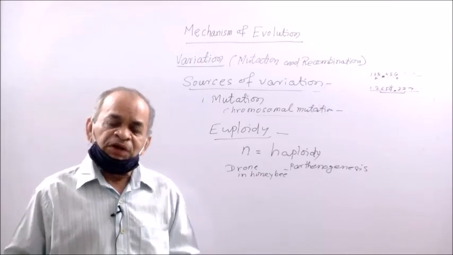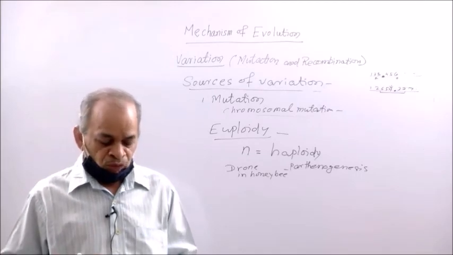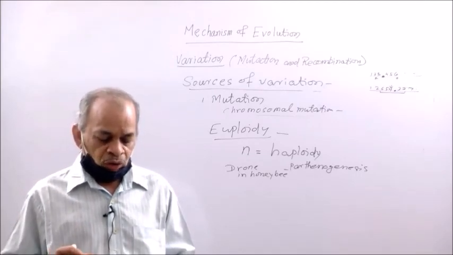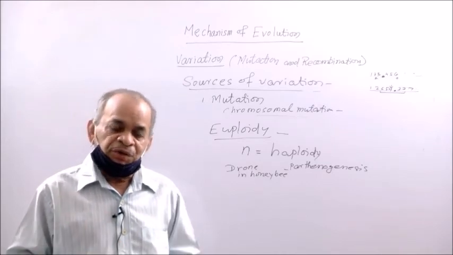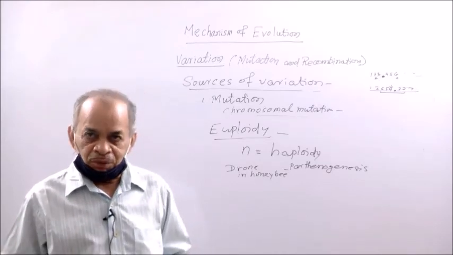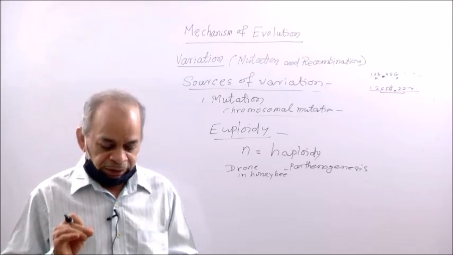If within the species the polyploid is obtained, it is called autopolyploidy.